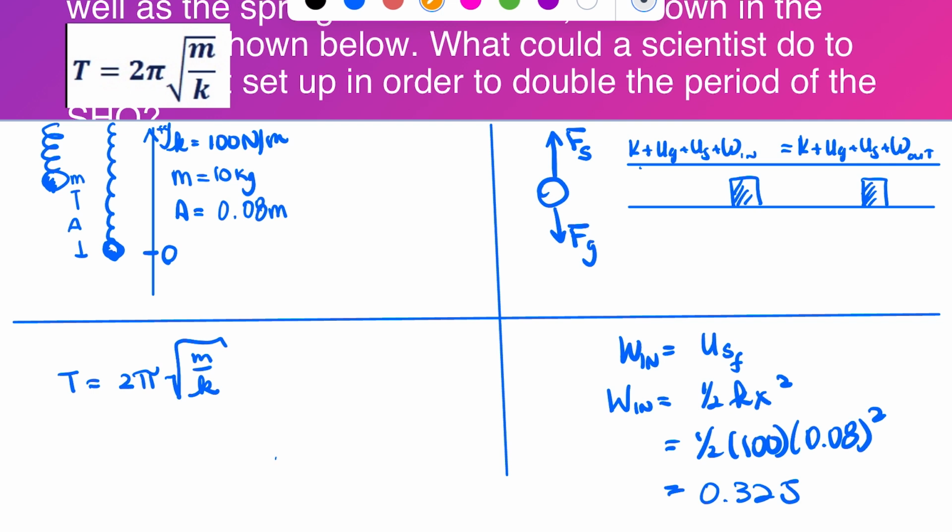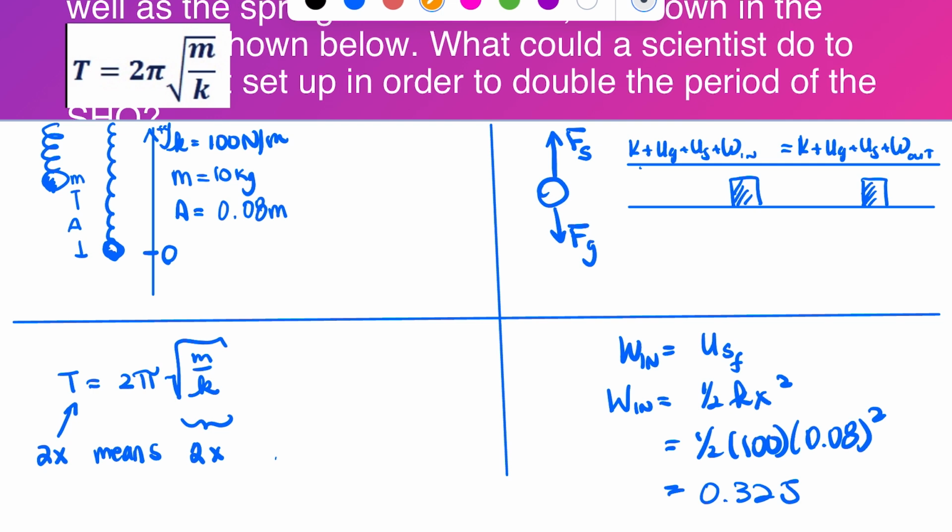And they want me to double the period, which means I need to double the variables, right, which is under the square root. So 2 pi is a constant. I can't change that. But the square root of whatever's inside the square root, that whole thing needs to double also in order to make the period double.